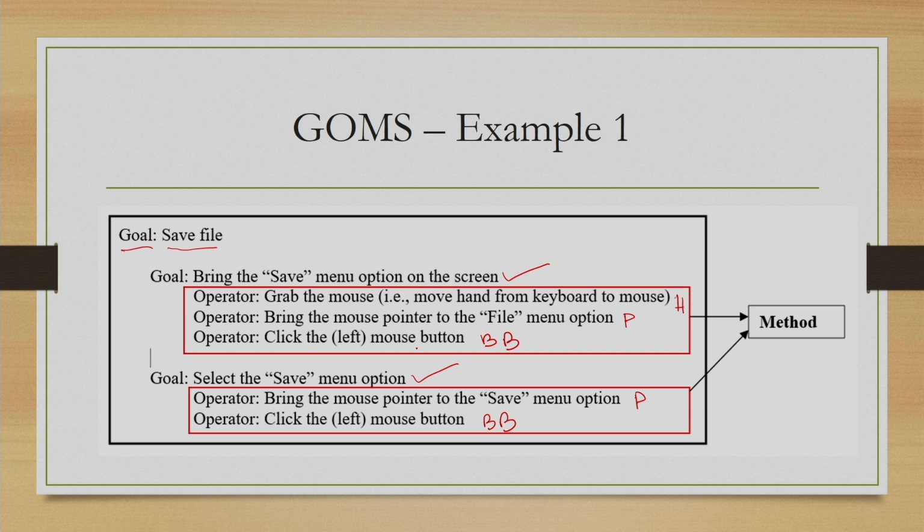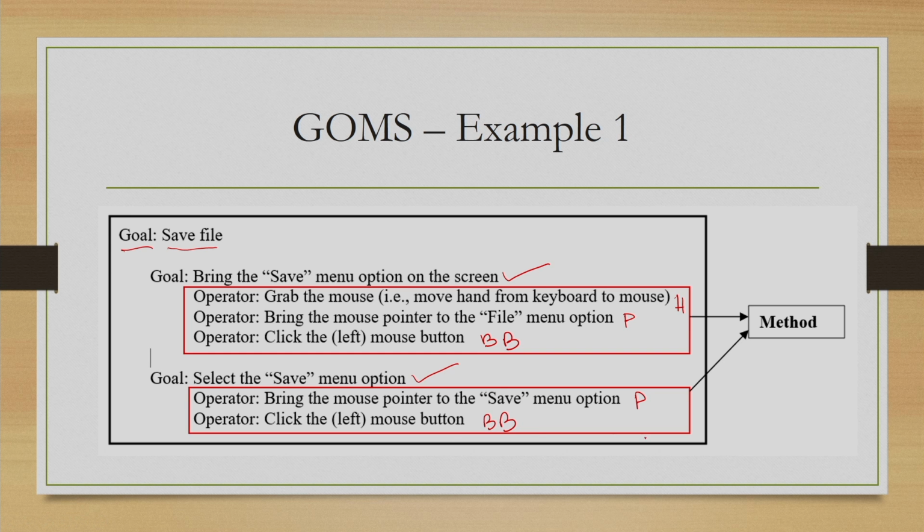Now, the sequence of operators used in this case, HPBB, to achieve the sub goal bring the save menu option on the screen is one method. Similarly, the sequence of operators used to achieve the sub goal select the save menu option is another method.